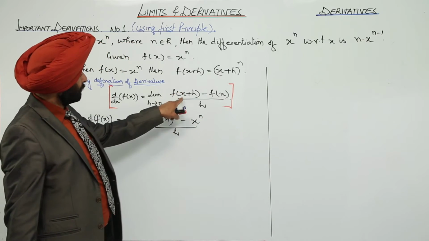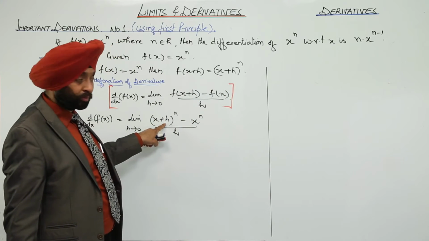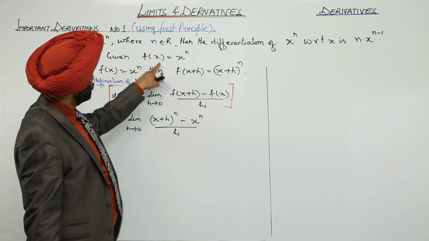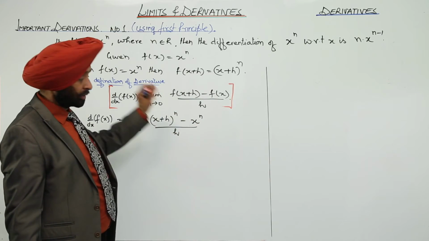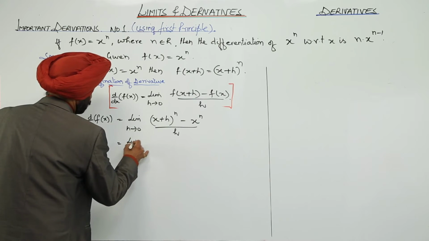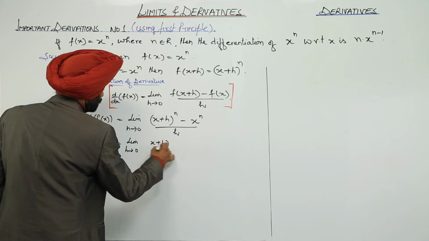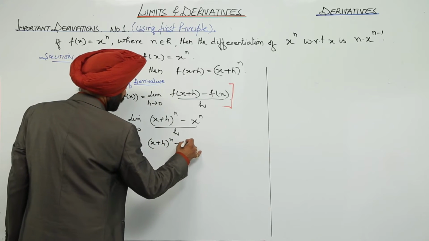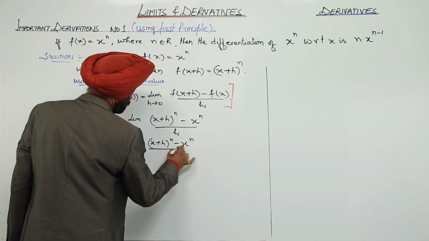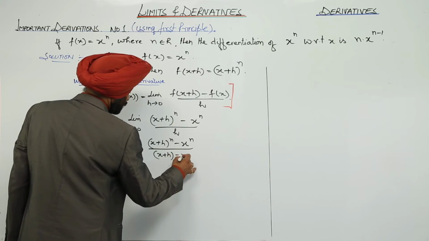Since f(x plus h) is (x plus h) whole to the power n and f(x) is x raised to power n. Now further we can write limit h approaches to 0 of (x plus h) whole to the power n minus x raised to power n upon (x plus h) minus x.